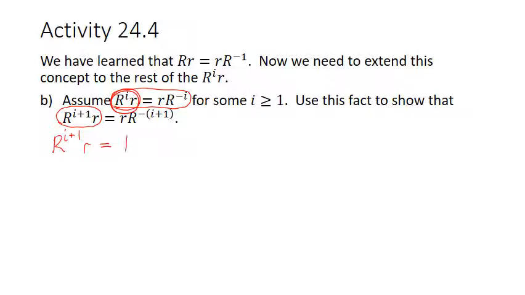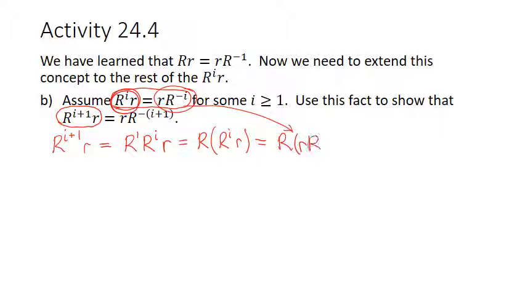So big R, and then this will be big R to the 1, and then this will be big R to the I. And then little r. I'm just going to put that into one chunk there. This part is kind of unnecessary, but at this point I want to substitute here. So this will be big R times little r, big R to the -I.